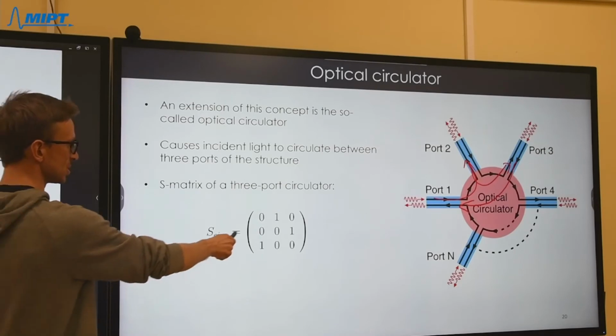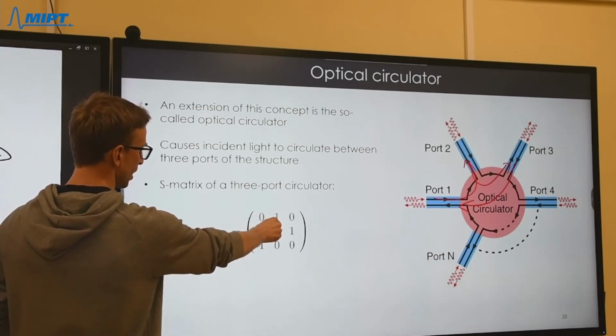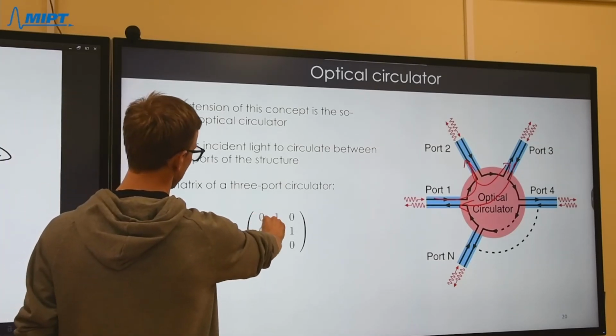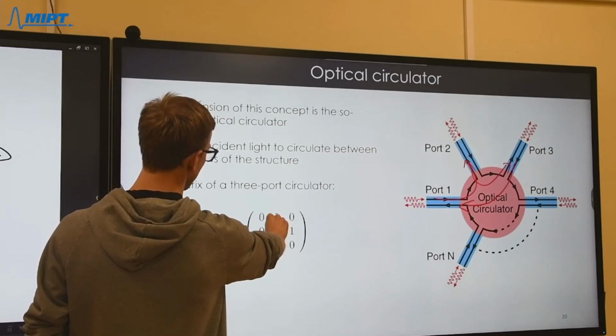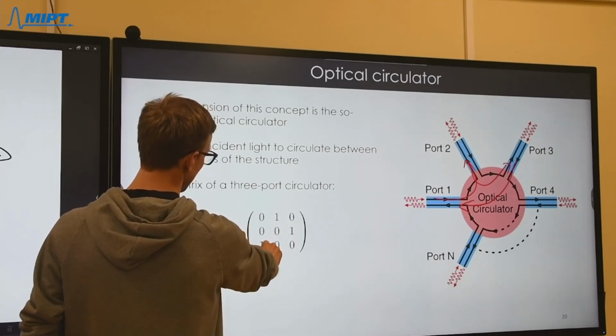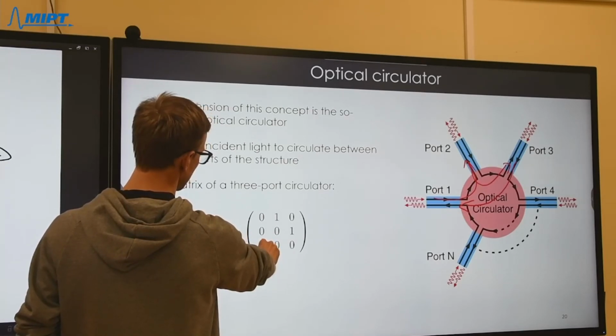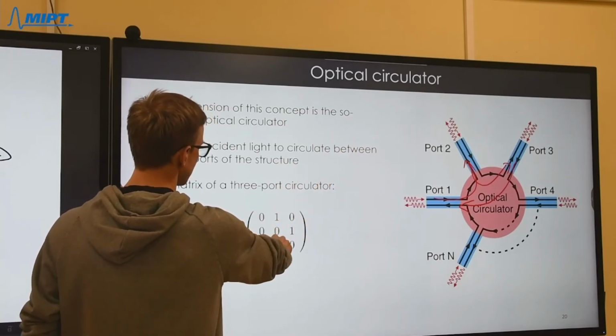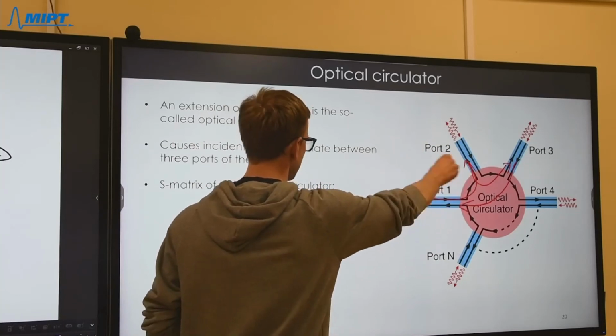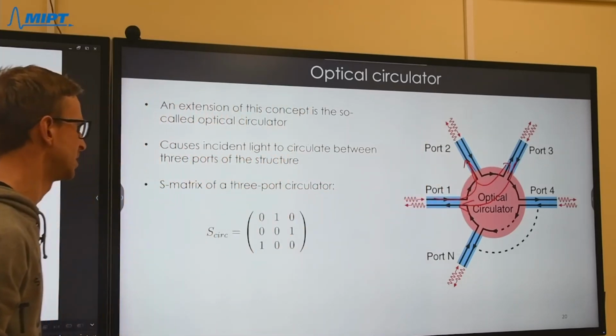So this is transmission from, this is from 2 to 1, this is from 3 to 2, and that is from 1 to 3. Yeah, this S matrix describes the opposite circulation, but doesn't matter, you get the idea.